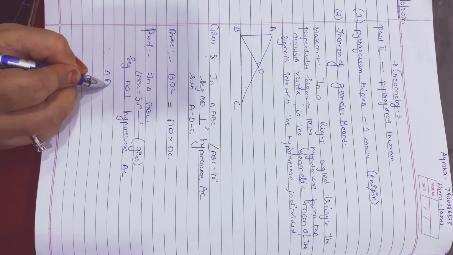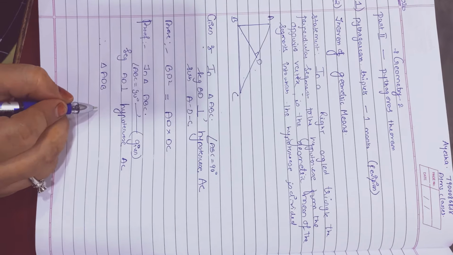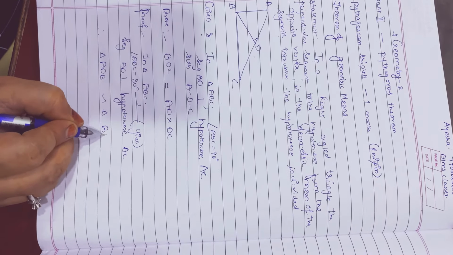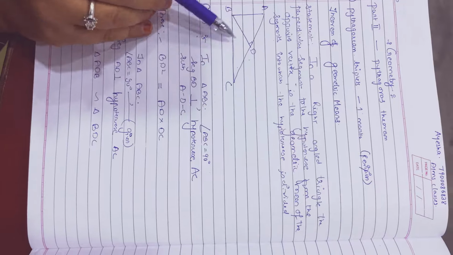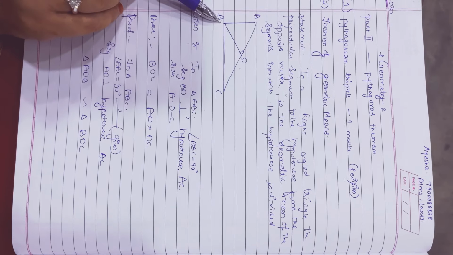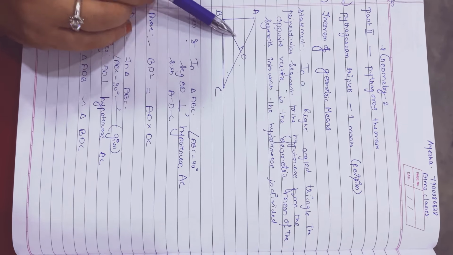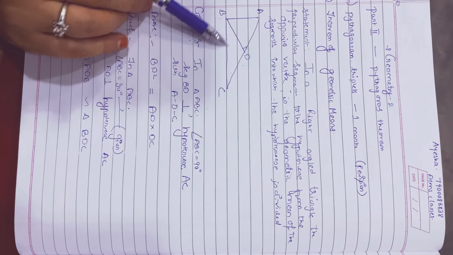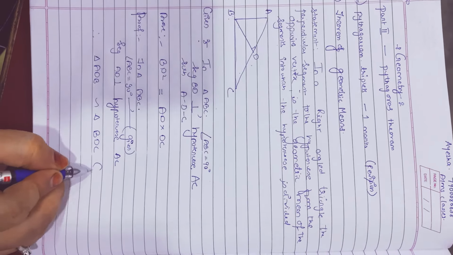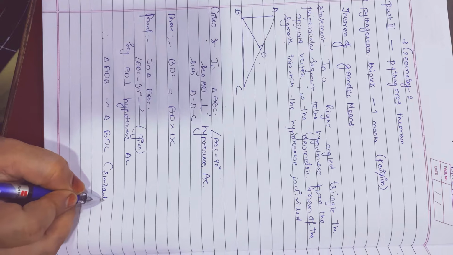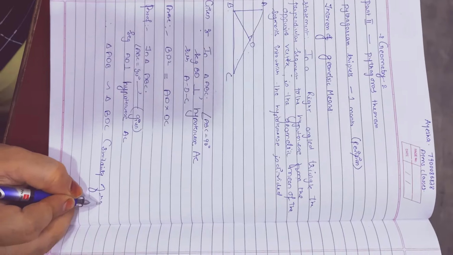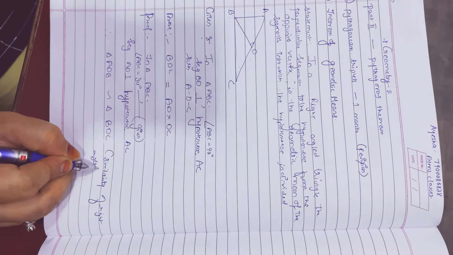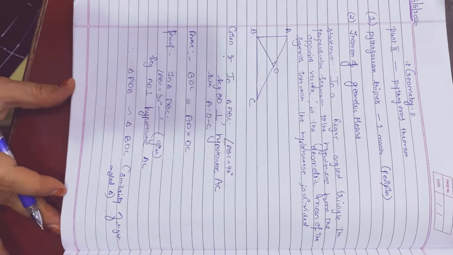Therefore, triangle ADB is similar to triangle BDC. Both triangles are similar to each other. The reason here is similarity of right angled triangles.